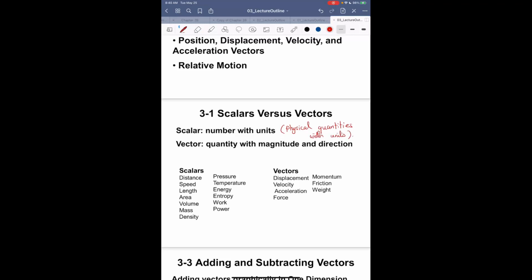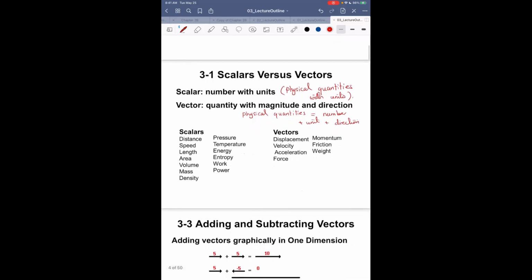And there are other quantities that, again, are physical quantities, but they need to be represented by a number plus a unit plus a direction. These are vectors or vector quantities.